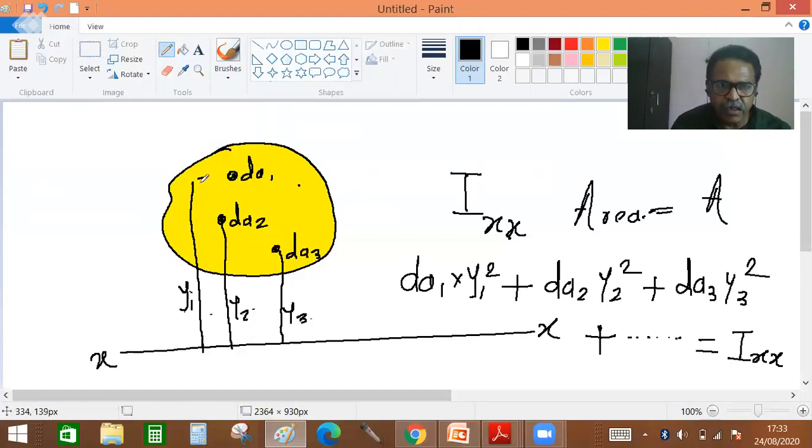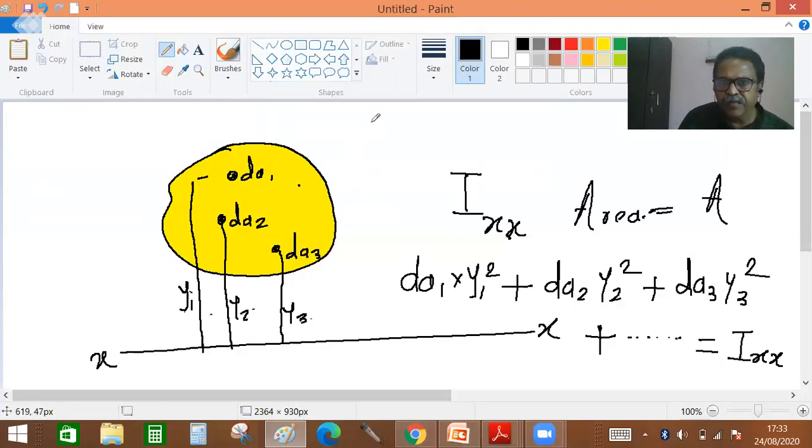So dA1 into y1 square. Why is it square? Because we have to take the second moment. First moment is dA into y. Second moment is dA into y into y, that is y square. So dA1 y1 square, and so on. If this summation continues up to infinity and you add all those things, it will give Ix.